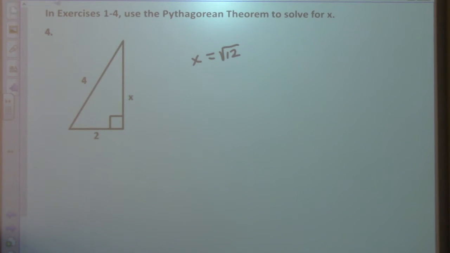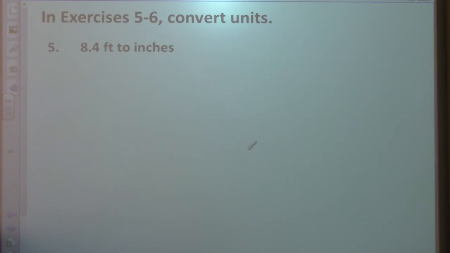And when it comes to 5 and 6, you're converting units here. What do we have to remember for this one? 1 foot has how many inches? So 1 foot equals 12 inches. This is our conversion factor.